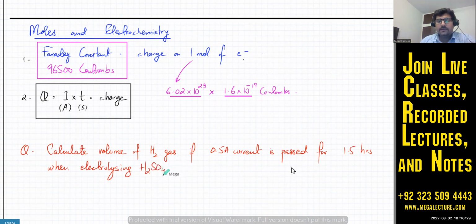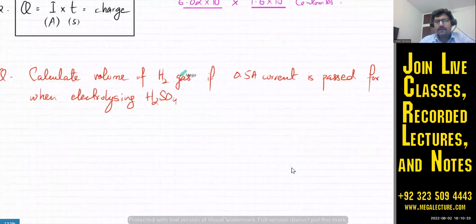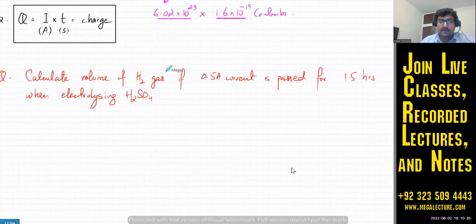So calculate the volume of H2 gas if 0.5 ampere current is passed for 1.5 hours when electrolyzing H2SO4.